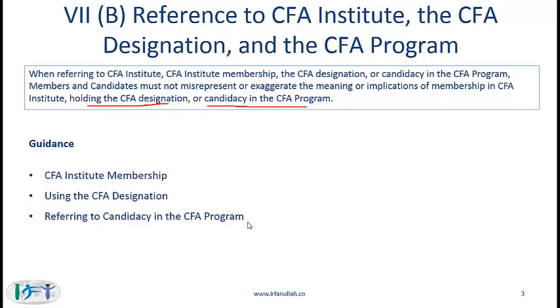Another statement which is appropriate is the following: John Smith passed all 3 CFA examinations in 3 consecutive years. So that is okay, it is a statement of fact. The following, however, is not okay. John Smith is among the elite, having passed all 3 CFA examinations in 3 consecutive attempts.